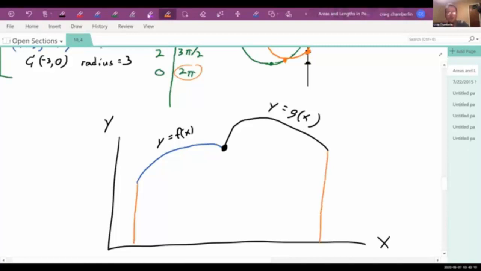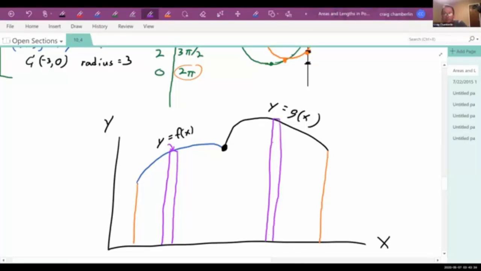Then it's not what we would call vertically simple, because if you draw a representative rectangle here, the roof of the house is going to be different than if you draw the representative rectangle over here. So if you actually wanted to set this up, you'd have to set up two separate integrals, and you'd split it up where the roof changes from f of x to g of x.